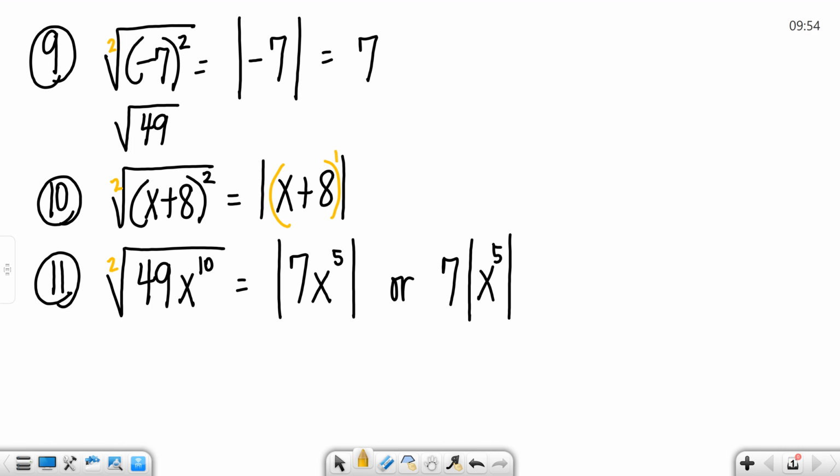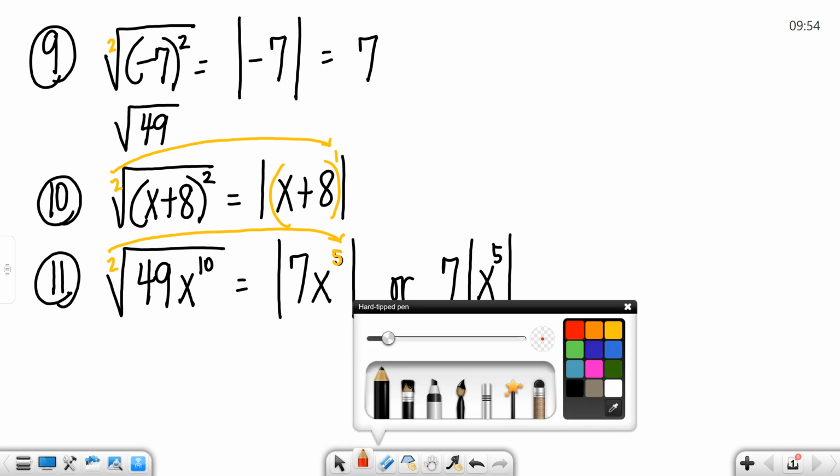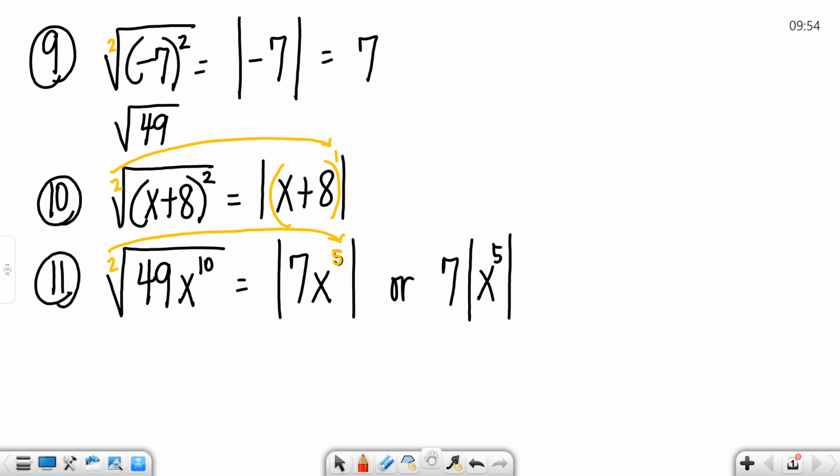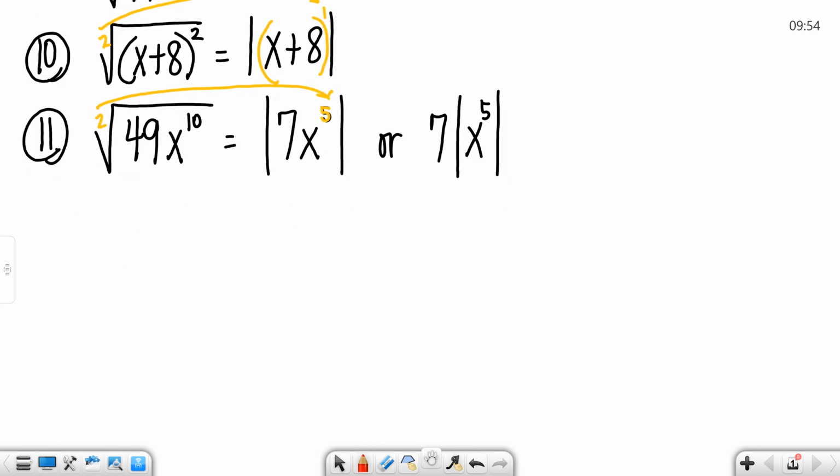Notice that my x to the 5th on number 11 has an exponent of 5. So we took an even root and we got an odd exponent. Anytime that happens, you're going to need absolute value. Let's keep going.